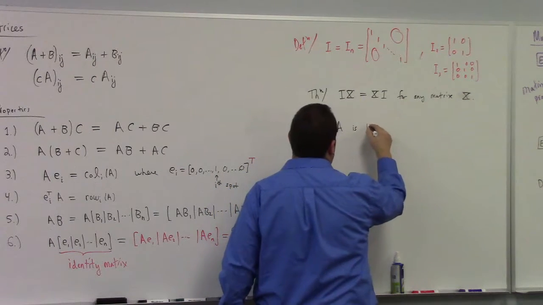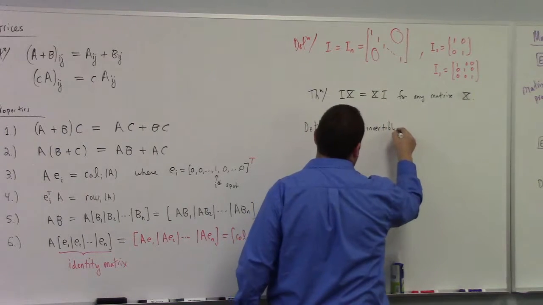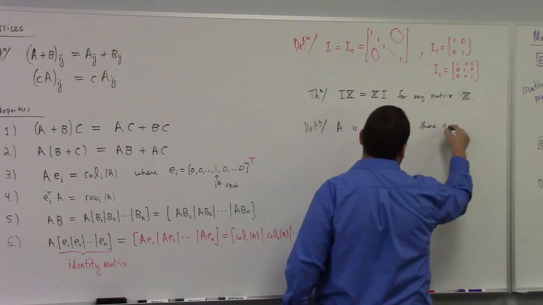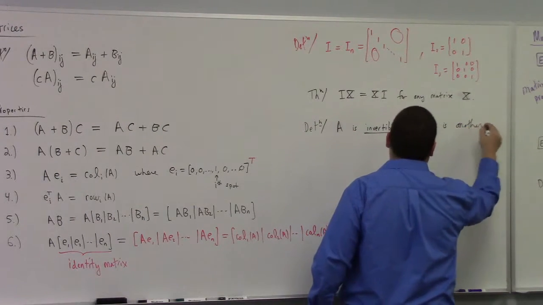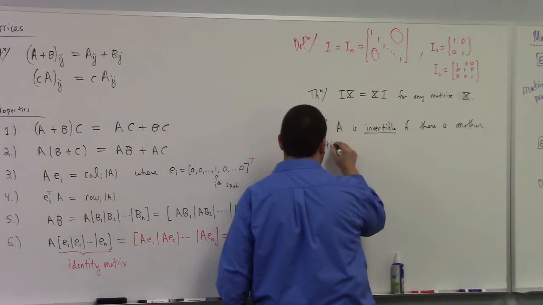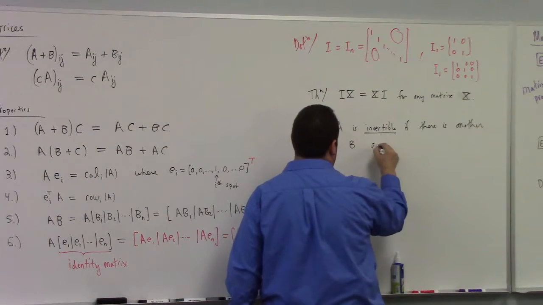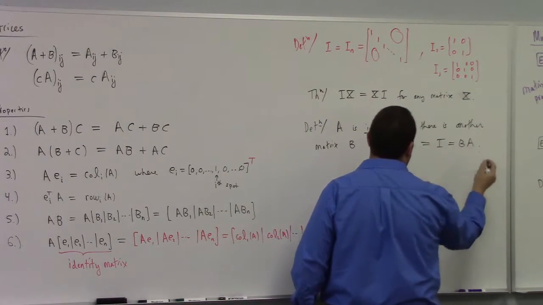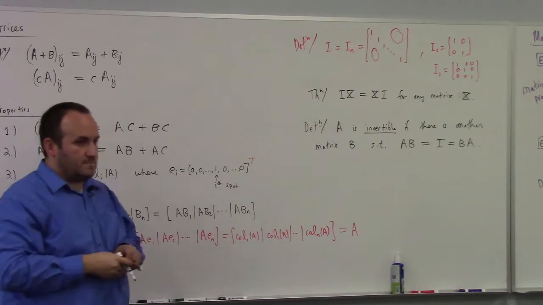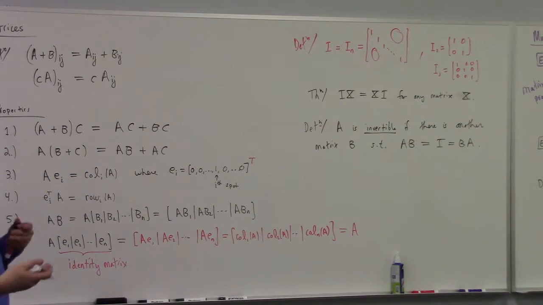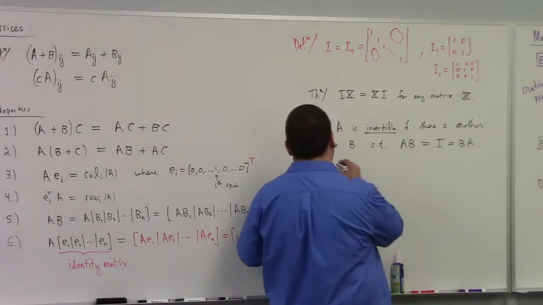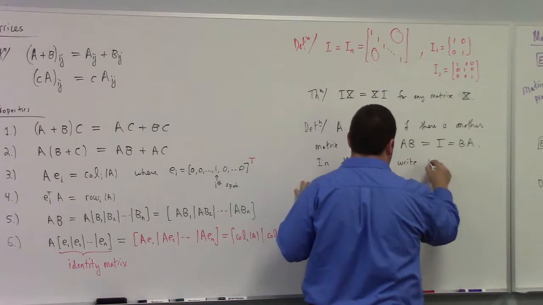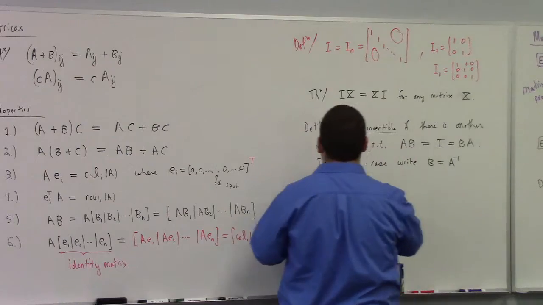A is invertible if there is another matrix B such that A times B is equal to the identity matrix, and that's also equal to B times A. We have a notation: if this is the case, then we write B is equal to A inverse.